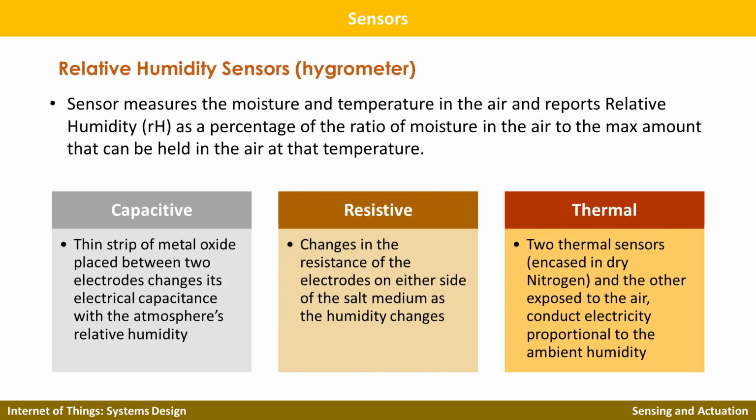So the 3 techniques are capacitive, resistive, and thermal. A capacitive humidity sensor measures relative humidity by placing a thin strip of metal oxide between 2 electrodes. The metal oxide's electrical capacity changes with the atmosphere's relative humidity.